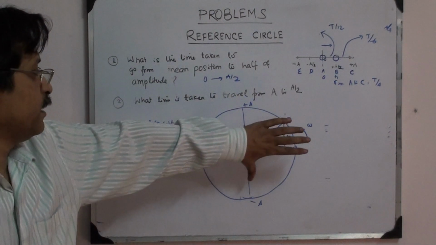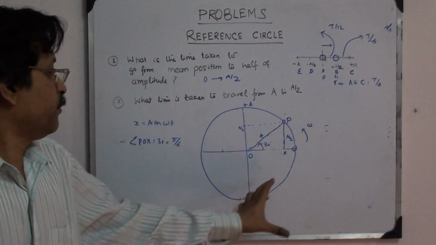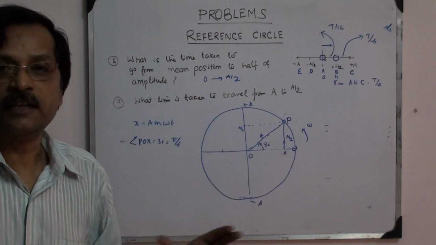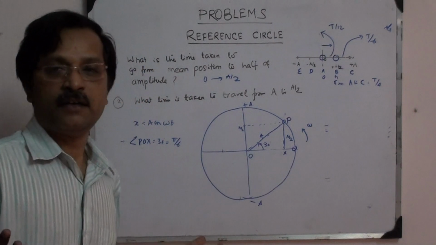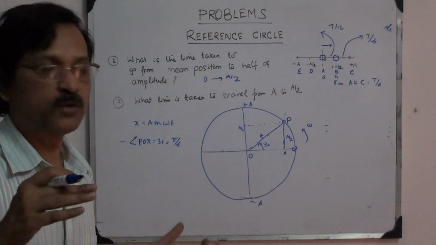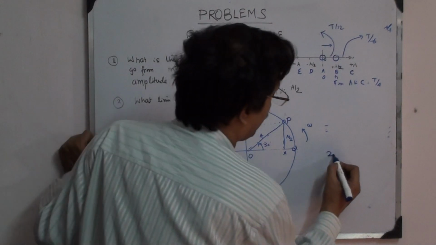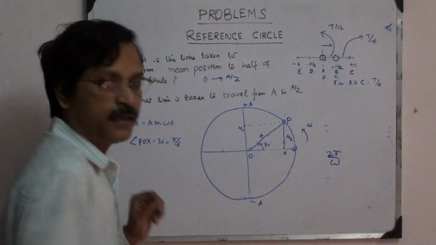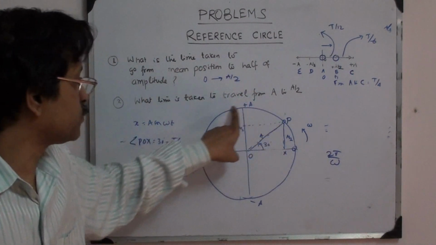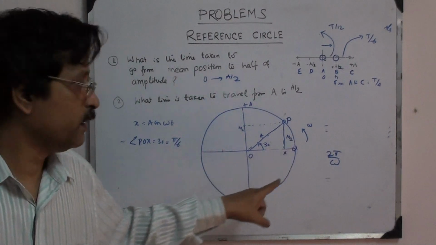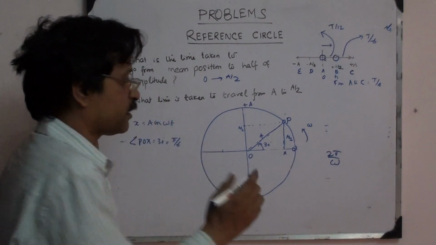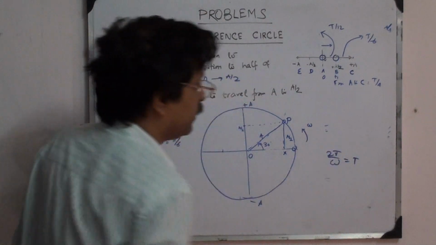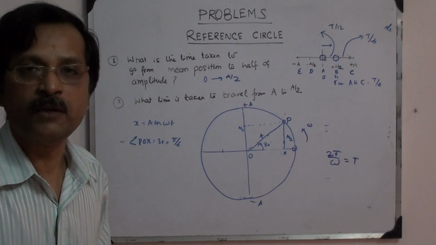Now what is the time period taken for the full circle, that is the whole 2 pi or 360 degrees? That is the time period of the circular motion, 2 pi by omega. If the particle in the reference circle is going with an angular frequency of omega, the total time taken for the particle on the circle is T, then T is equal to 2 pi by omega.